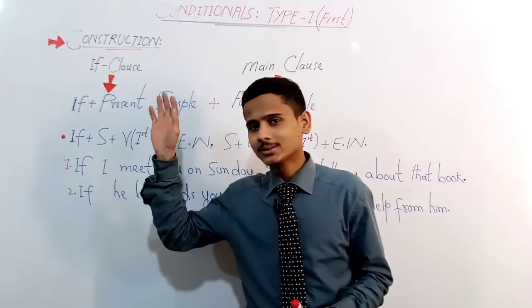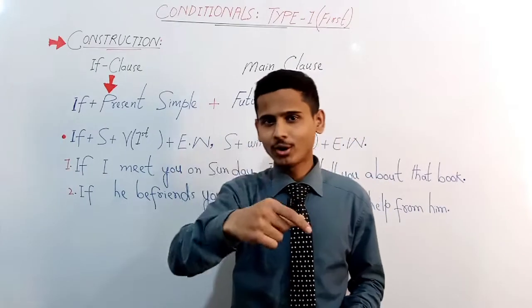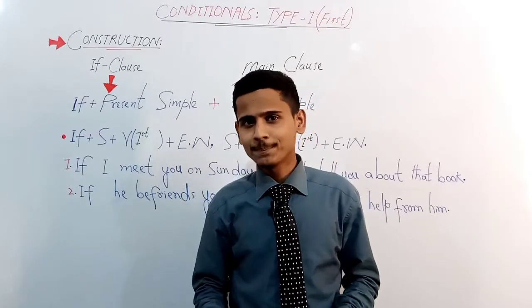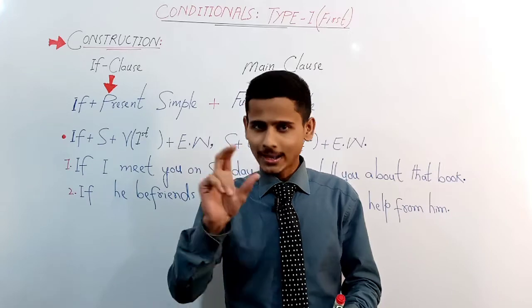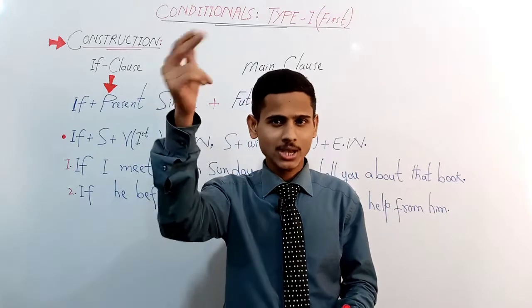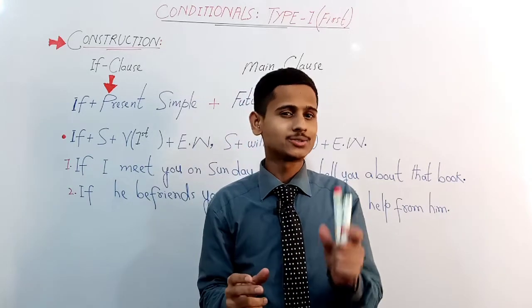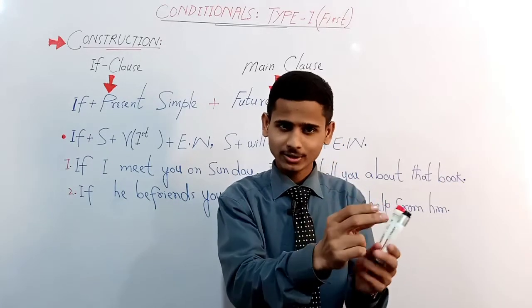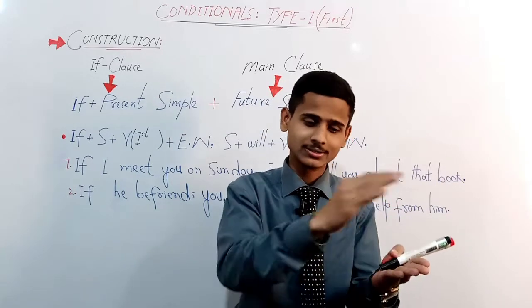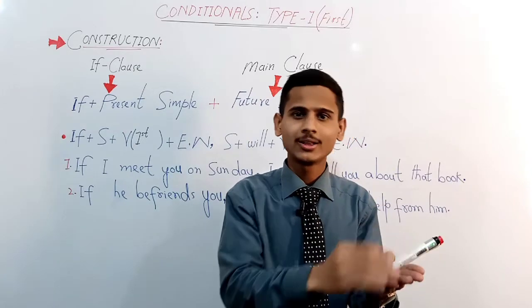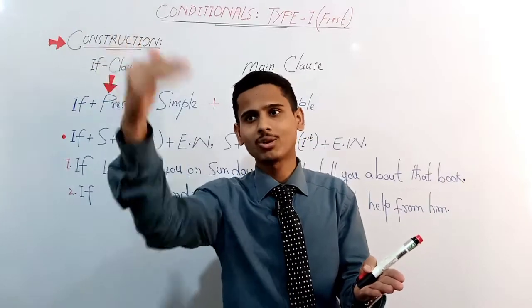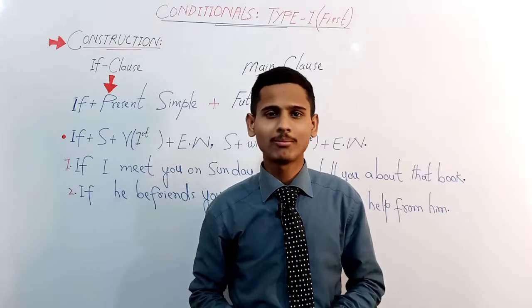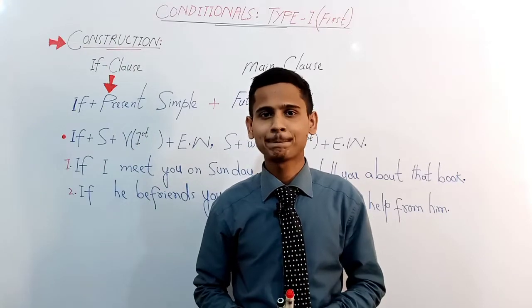In conditionals type first or one, we say that an action will happen or take place if a certain condition is fulfilled. If a certain condition is fulfilled, if an action is done, another action will take place or will happen. That's what we talk about in this conditionals type.